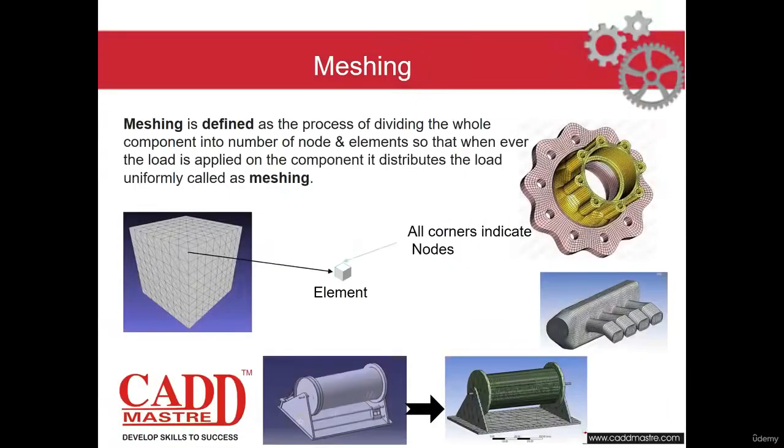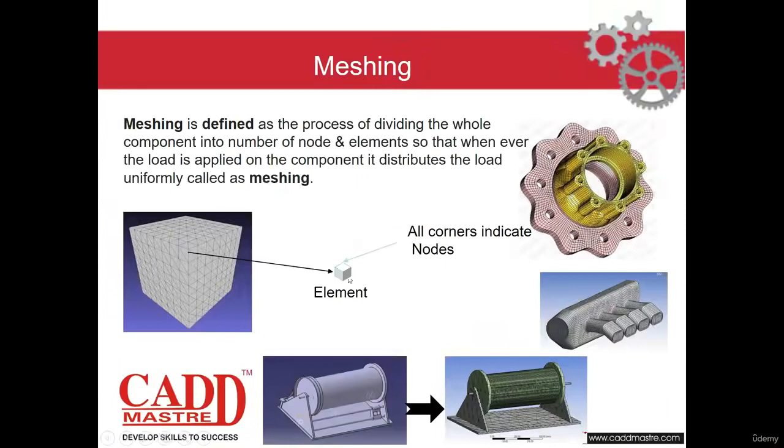Meshing is defined as the process of dividing the whole component into a number of nodes and elements so that whenever the load is applied on the component, it distributes the load uniformly. This is called meshing. In this figure, you will see that the component is divided into node and element form.